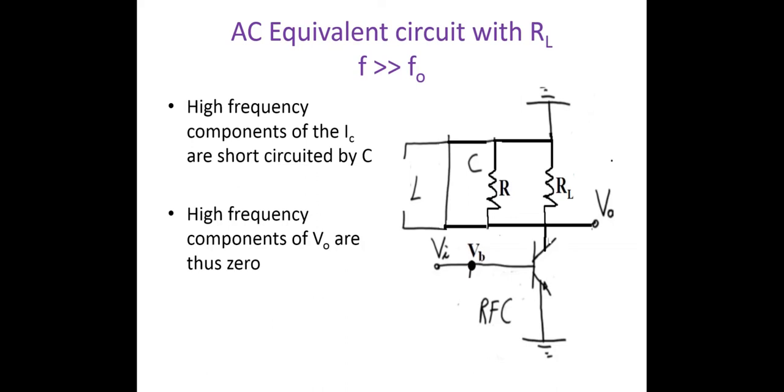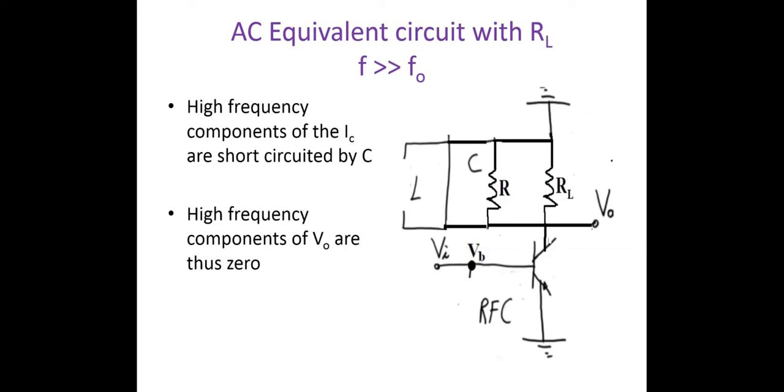So now we come to the higher frequency components of IC, that is when f is much greater than f0. In this case, the inductor is acting like an open circuit and the capacitor is acting like a short circuit.